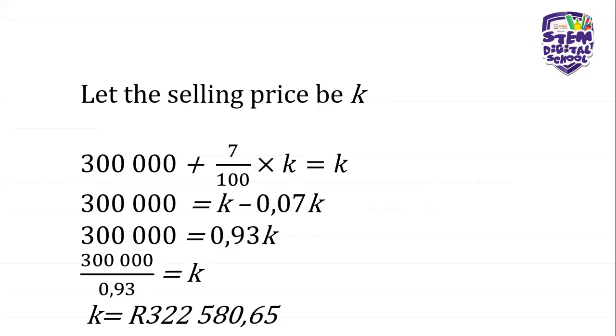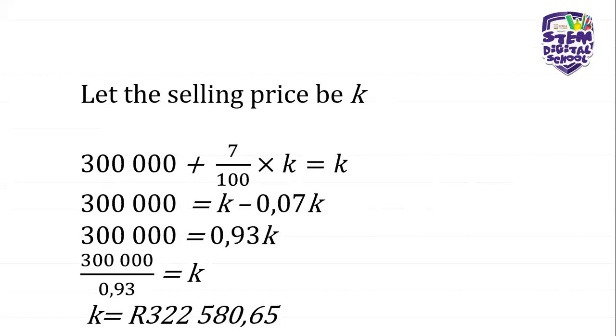All right. So in this case, we are now going to divide 7 by 100. That's because any percentage, if you have 7%, this is 7 out of 100, which gives us 0.07. Now, at this point, you can make K the subject of the formula, or you can rather collect what we call the like terms.